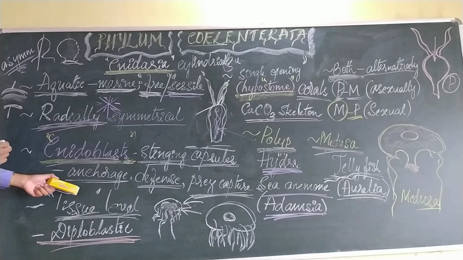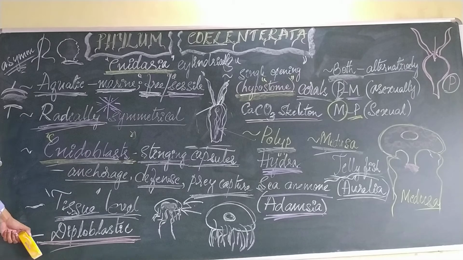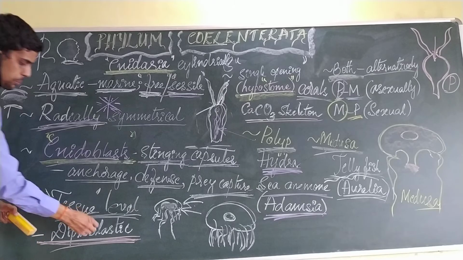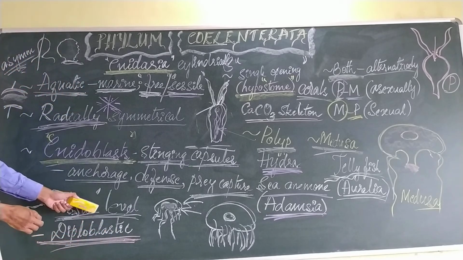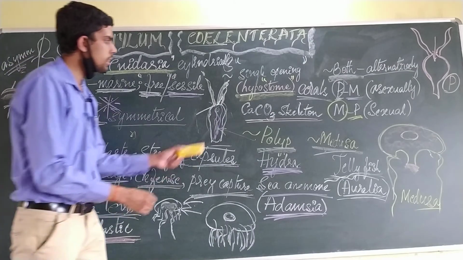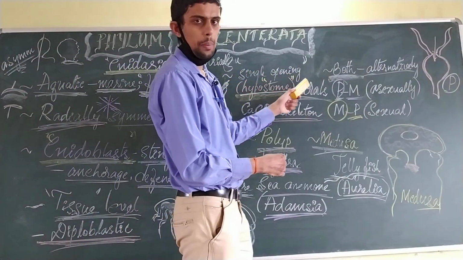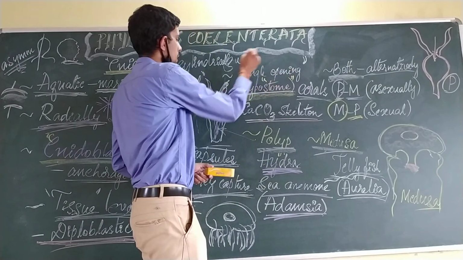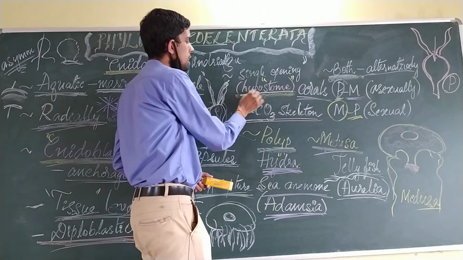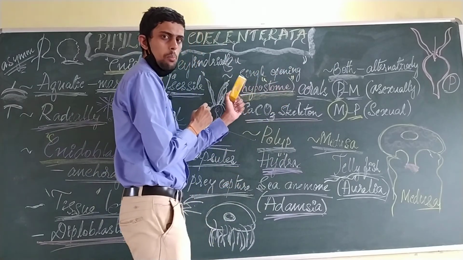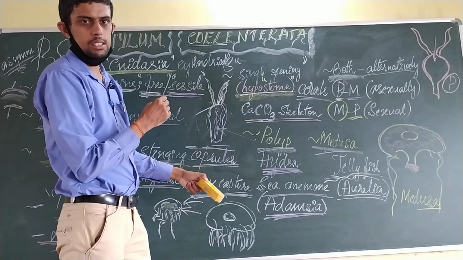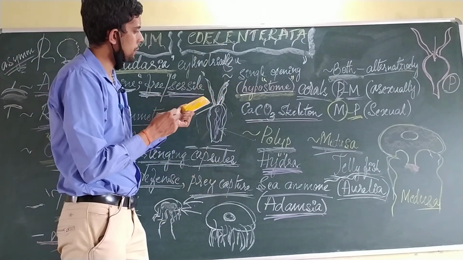And then here you find the tissue level of organization, the body of the organism is diploblastic. And there is a single opening at the tip of the body, called the hypostome, which acts as a mouth, wherein the water enters inside and is expelled out.